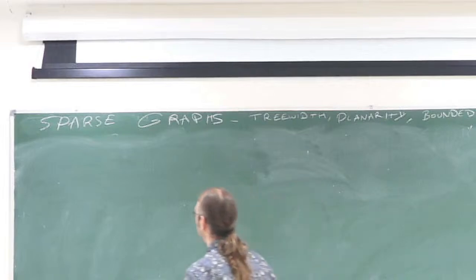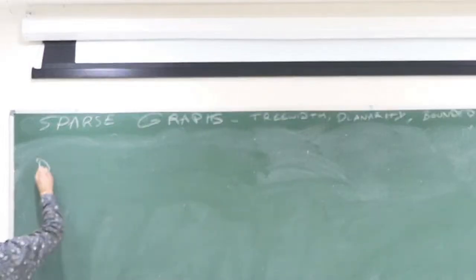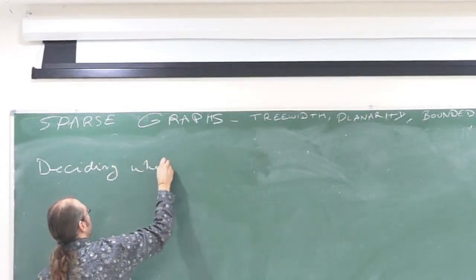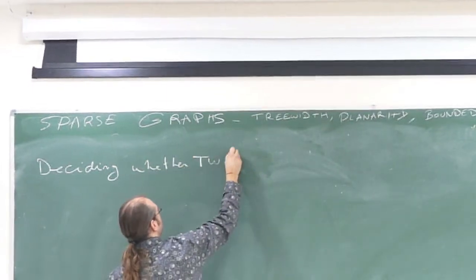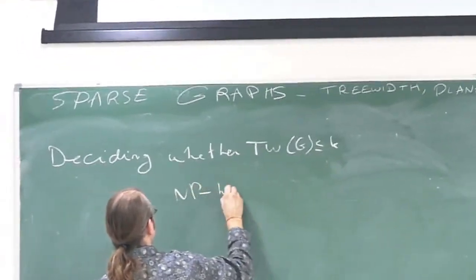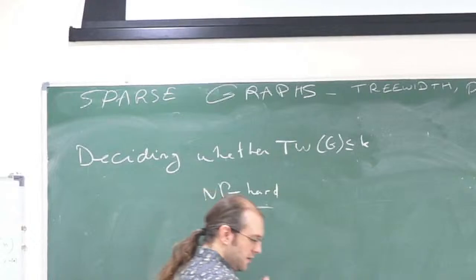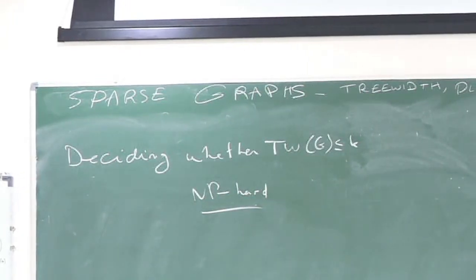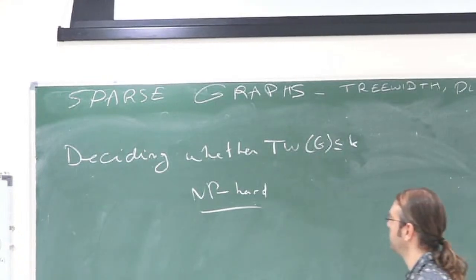In fact, deciding treewidth is an NP-hard problem. The treewidth of a graph, computing it is NP-hard. So we don't even have a hope for finding a polynomial algorithm to compute a good tree decomposition.